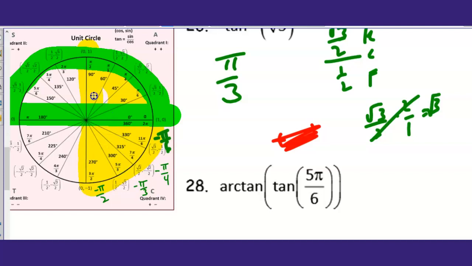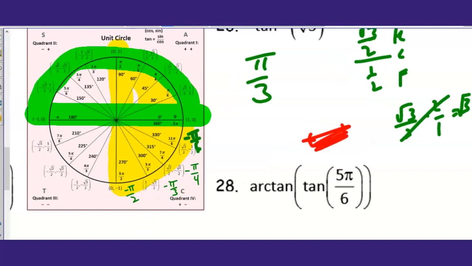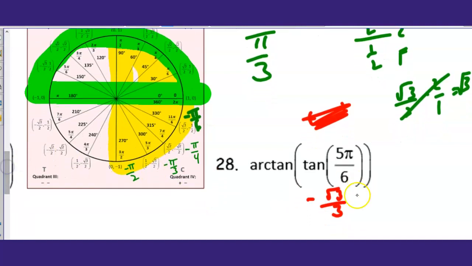Right there, 5 pi over 6. Tangent is going to be sine over cosine, so 1/2 divided by negative radical 3 over 2. I'm just going to tell you that's going to give you negative radical 3 over 3. You check it. If you don't believe me, do sine over cosine.